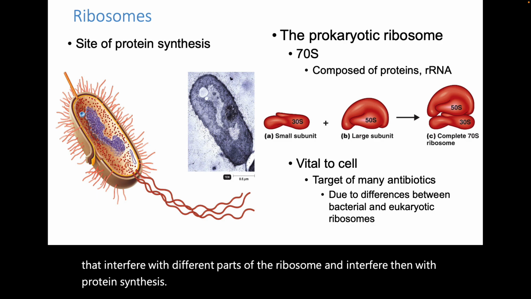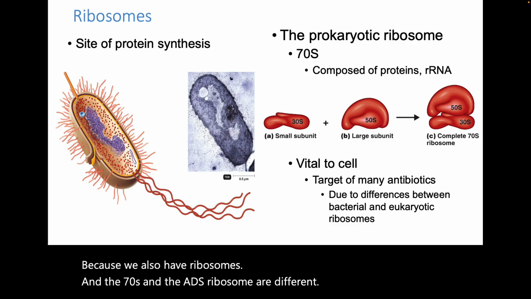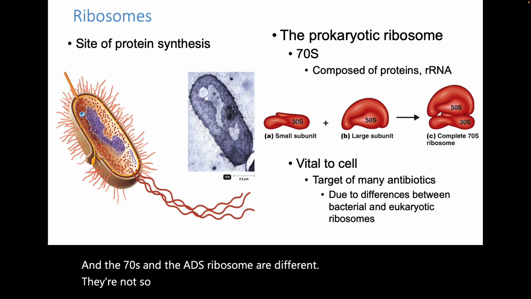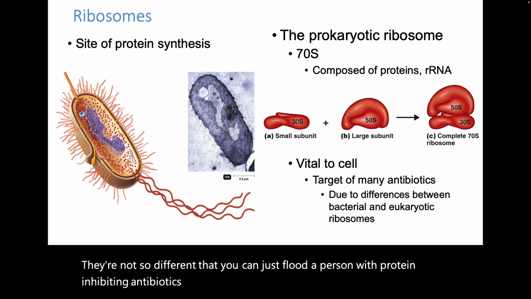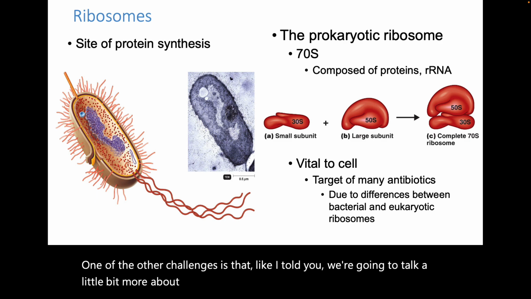But we have to be careful because we also have ribosomes. And yeah, the 70S and the 80S ribosome are different. They're not so different that you can just flood a person with protein inhibiting antibiotics and think there won't be a consequence. One of the other challenges is that, like I told you, we're going to talk a little bit more about how mitochondria used to be bacteria.